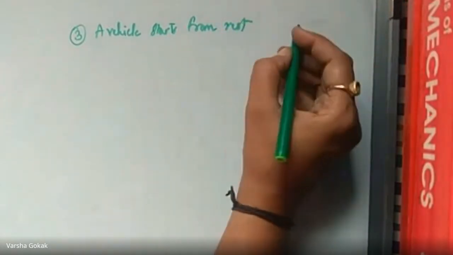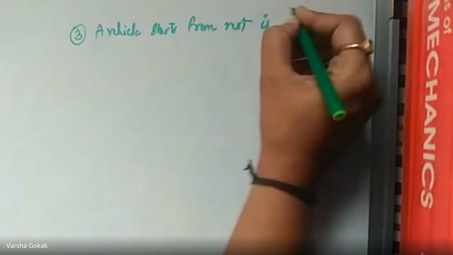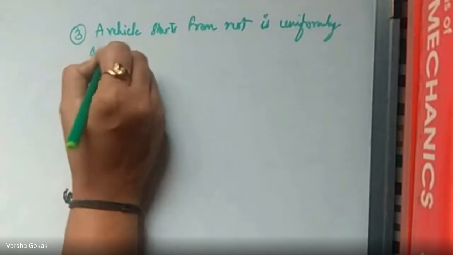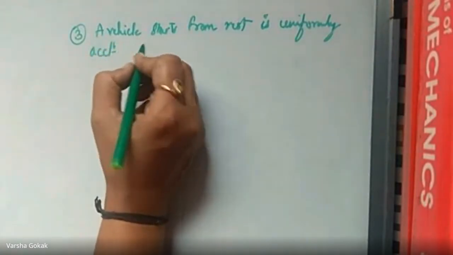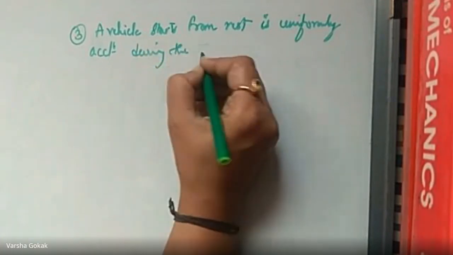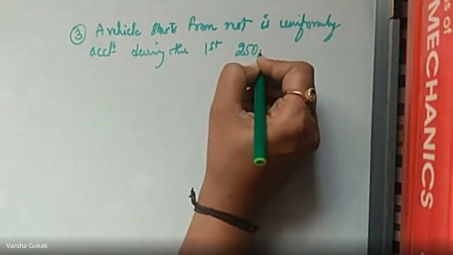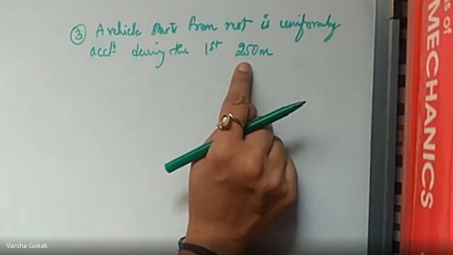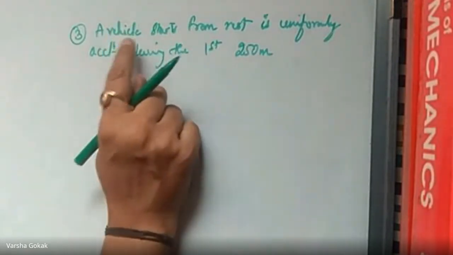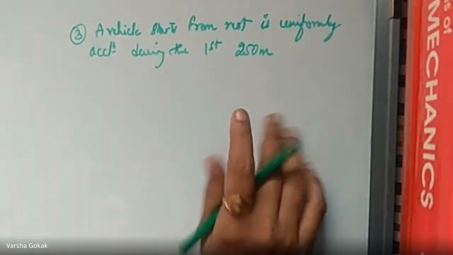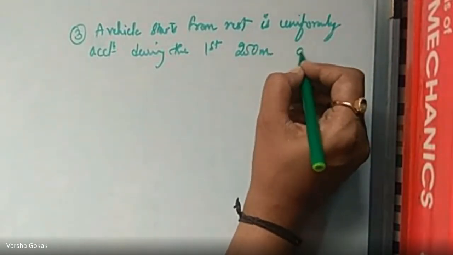It is uniformly accelerated during the first 250 meters, meaning the first distance S1 is 250 meters, where the vehicle starts with u equal to 0 and is uniformly accelerated.